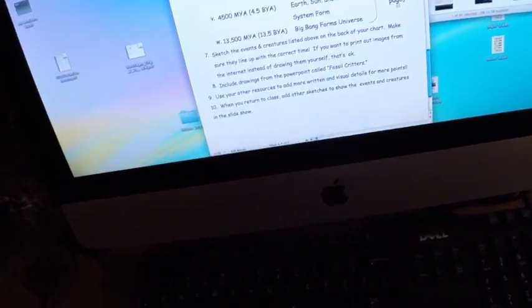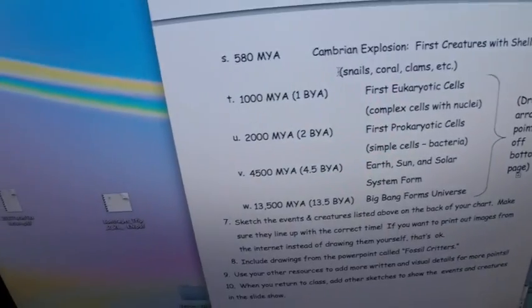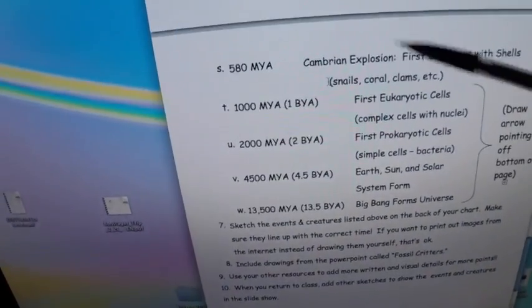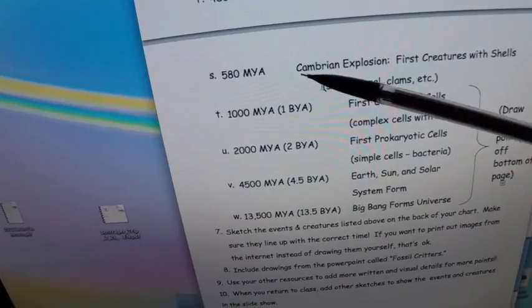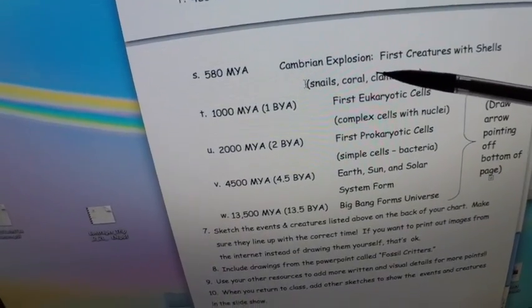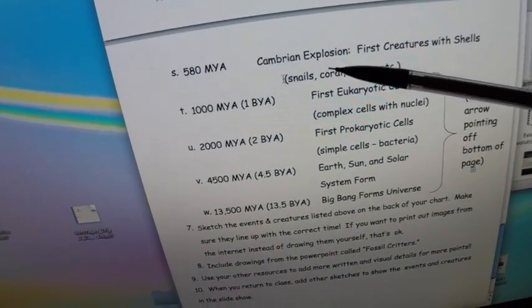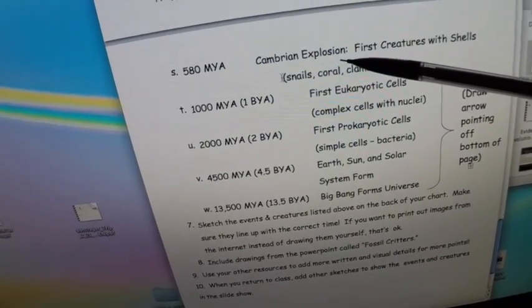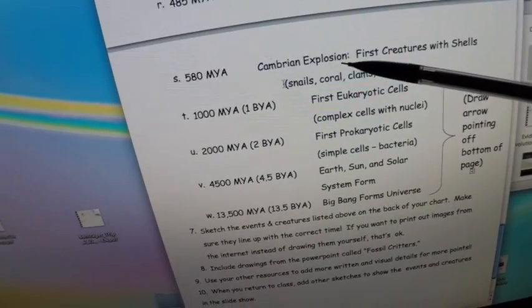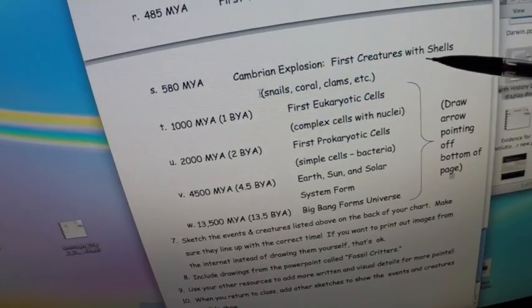Then the rest of these are pretty straightforward, except there's one other tricky set at the very bottom. If you look here, 580 million years ago, we went back to this time of the Cambrian Explosion. We call it the explosion because it seems like there is an explosion of life because creatures evolved shells.